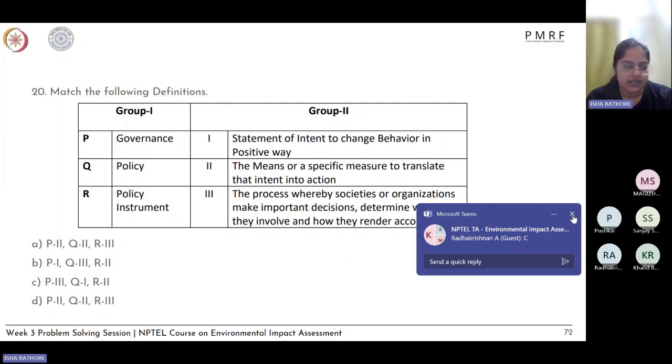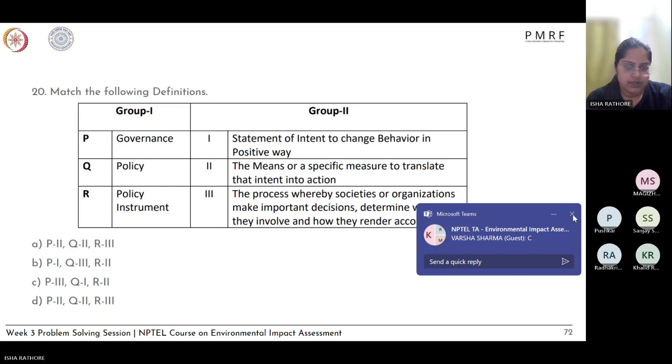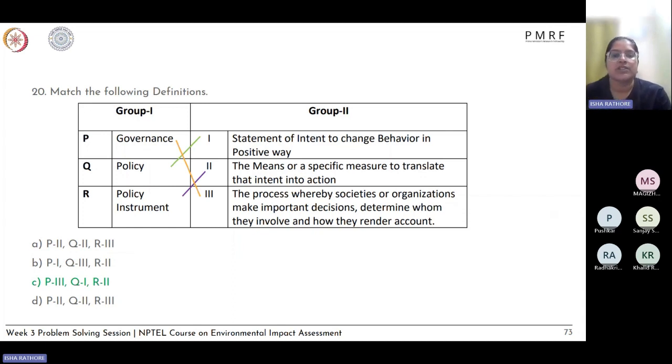Okay, so we have an answer C. Another C. So C is the correct answer. Governance is the process whereby societies or organizations make important decisions, determine who they are going to involve and how they are going to render account. So P matches with 3.